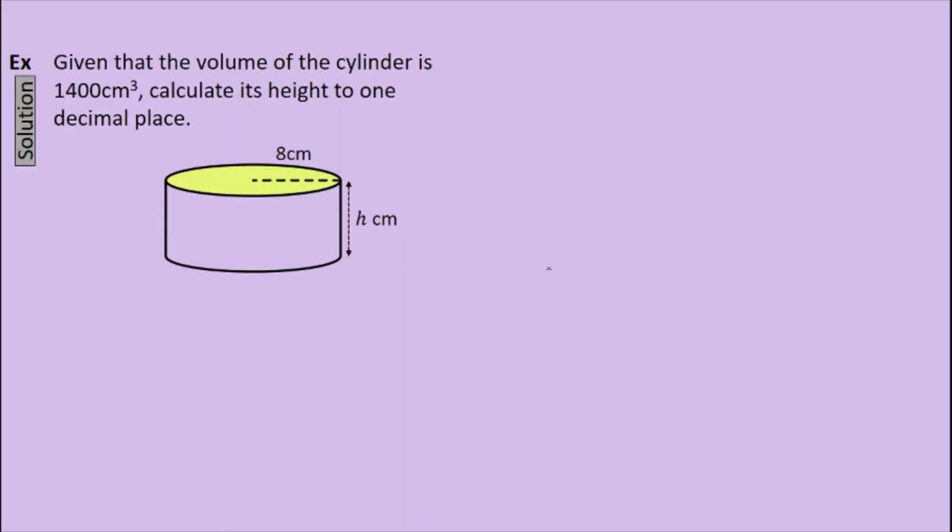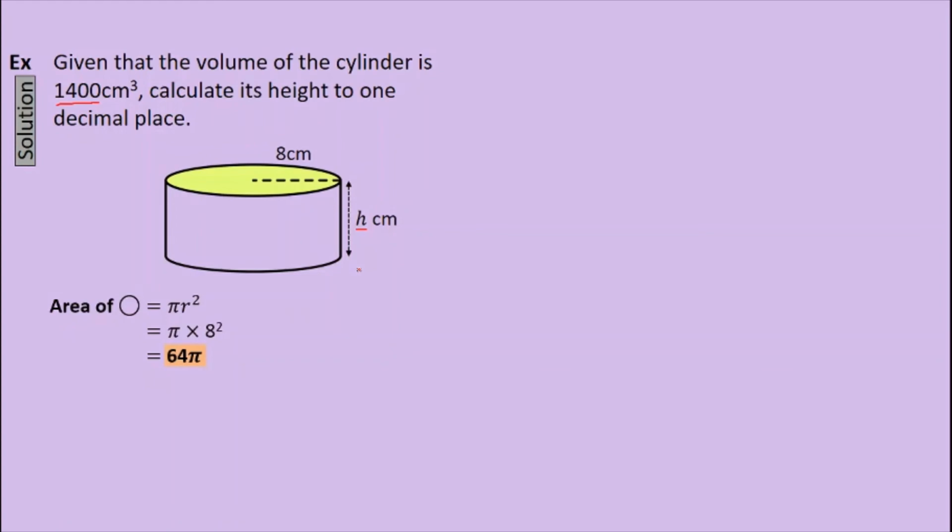Okay, we can also use a known volume to work out a missing distance, such as the height or the radius. This one wants to know the height, so what we're going to do first is find the area of the circle. Well, the radius is 8, so our circle is 64 pi. I'm going to leave it in terms of pi for now to make sure my answer is as accurate as possible.